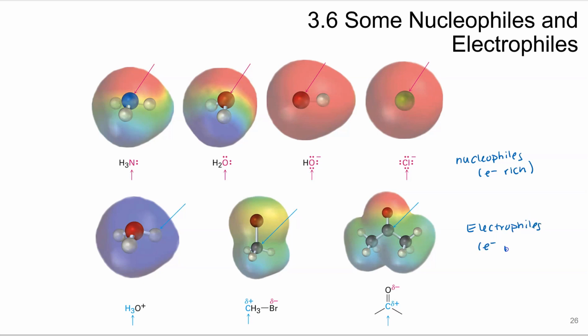These are electron poor. In this one here, this is the H3O+, that is very blue, so this is positive because it's a positive charge. These ones here are polar. So we create an electrophile by making a partially positive atom bonded to a partially negative atom. With this carbonyl, you have a partial nucleophile up here, but this carbon is acting as our electrophile.